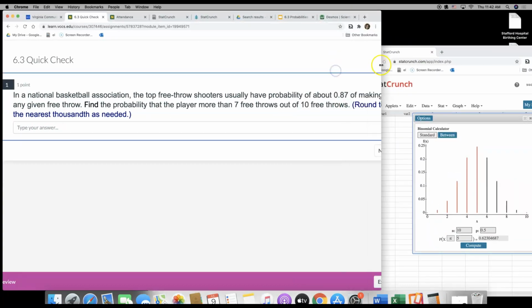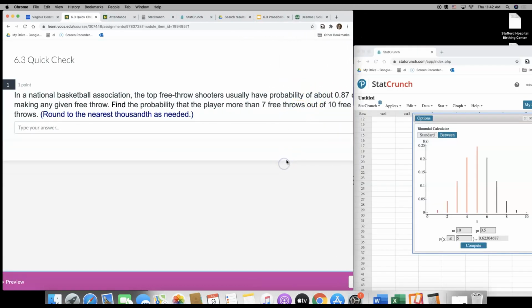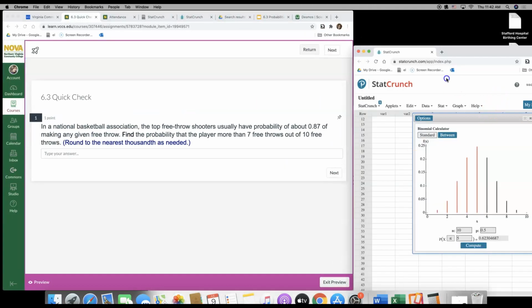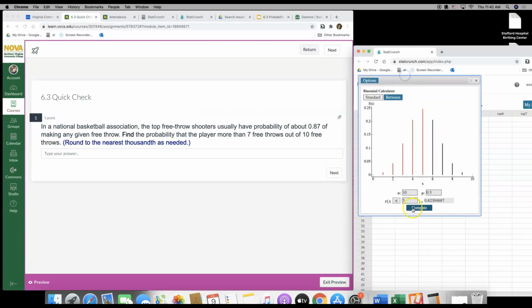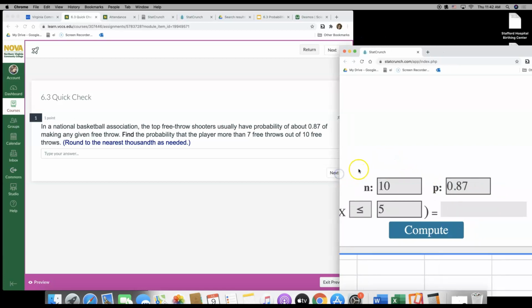And then the success rate is going to remain the same, 0.87 for each trial. So binomial it is. We're going to say N is 10. Why? He's going to throw 10 free throws. So N is 10, a fixed number of observations. And P, what is P going to be? P is going to be 0.87, so that's the chance of him making each of these shots.